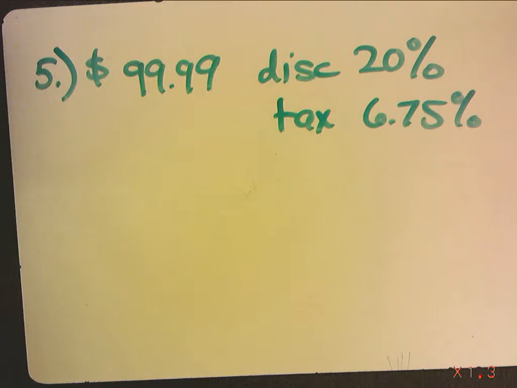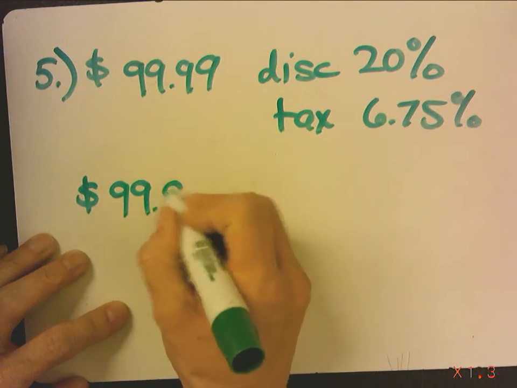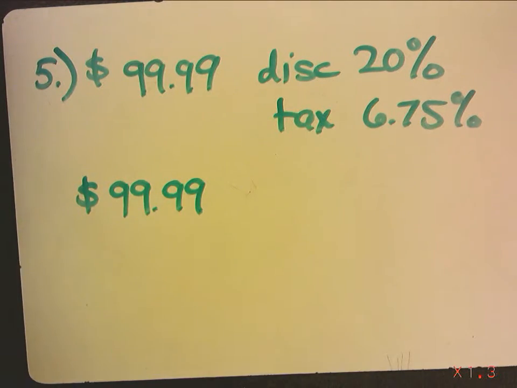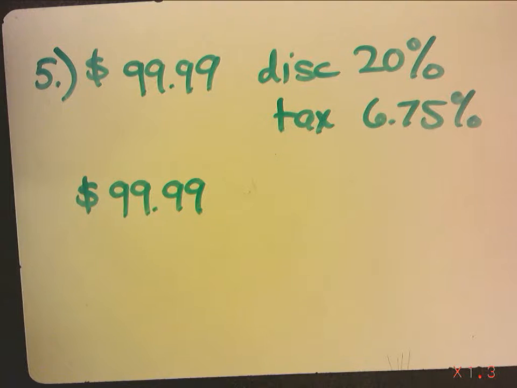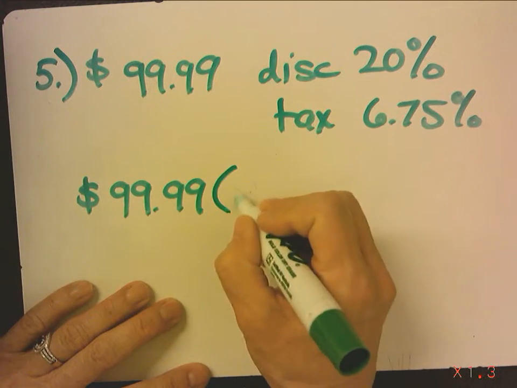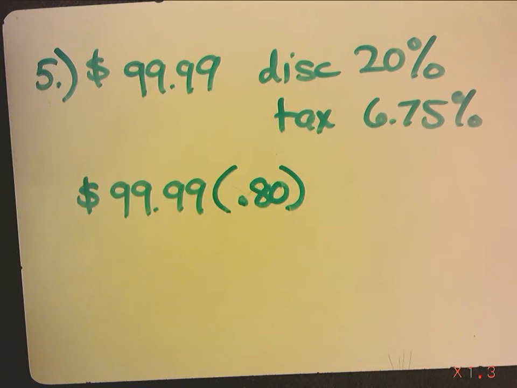Again, many different ways to do this. Let's try with my shortcut way. My shortcut way says start with the original cost. Now, are you going to pay 100%? No, you're not, because you're getting a 20% discount. So think, what percent are you really paying? Well, 100 minus 20 is 80, so I'm really paying 80%. So I'm going to multiply it by 0.80.